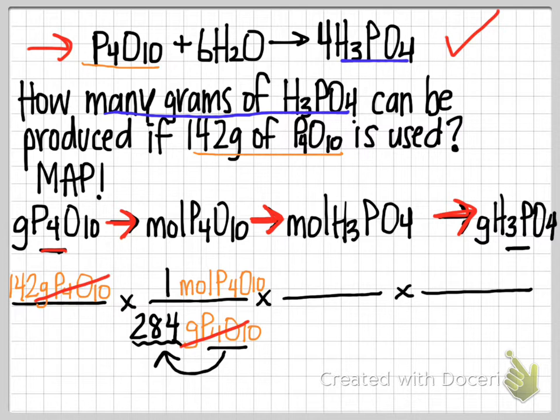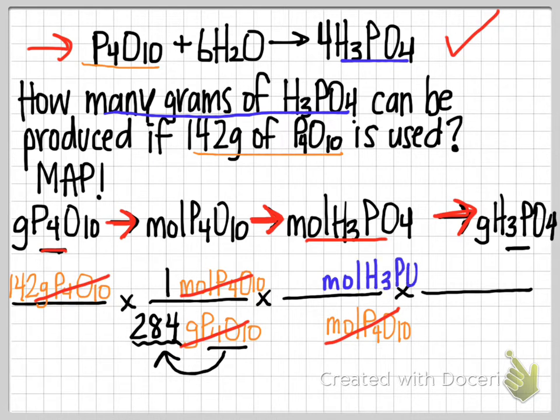Let's keep moving. We don't want moles P4O10. We now want mole H3PO4. So I am going to write mole P4O10 so I can cancel it out, and we want moles H3PO4. Now this is the new stuff.